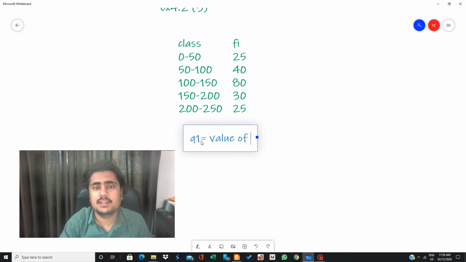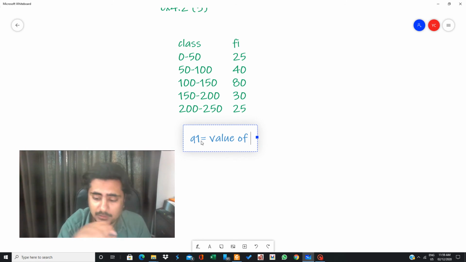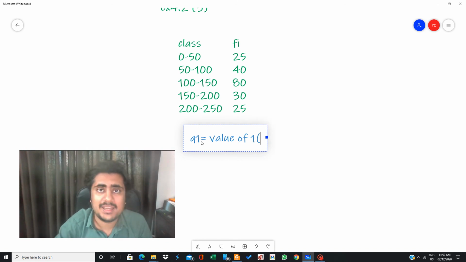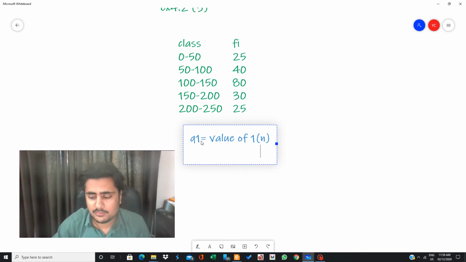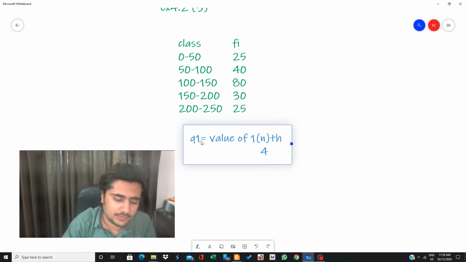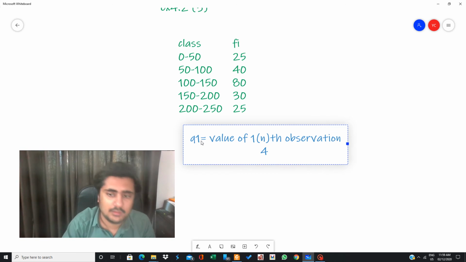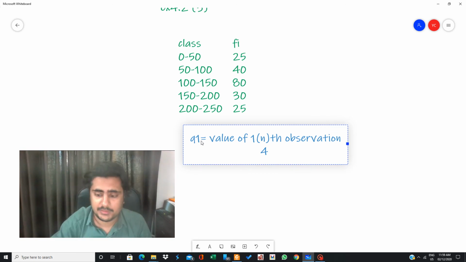Now when you have classes in the question, your formula will not be 1 into n plus 1. It will be only 1 into n upon 4. You have to mark that particular thing.